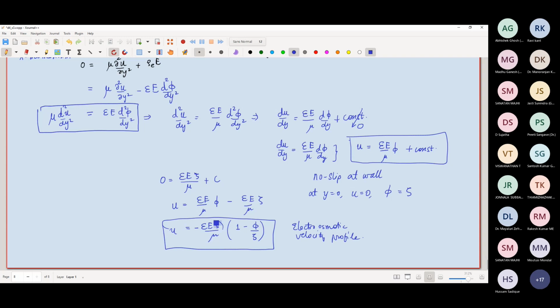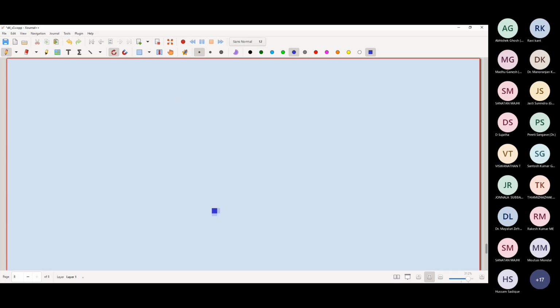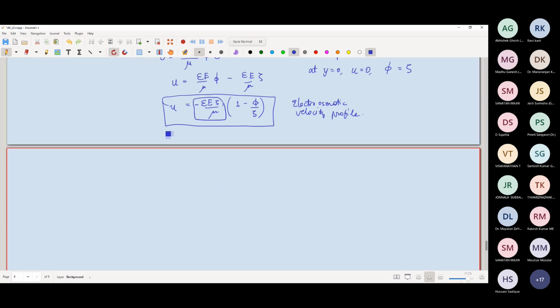And this particular term, which has the units of velocity, is called the Helmholtz-Smoluchowski velocity.